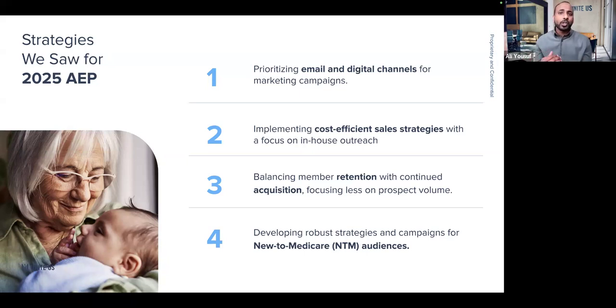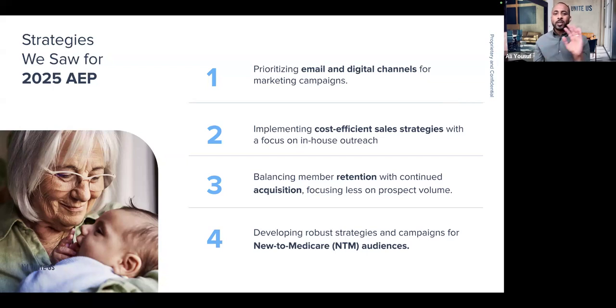And then in terms of budgets, we did see more customers going with cost-efficient sales strategies this year, with more reliance on in-house outreach. So plans might be more tactical about how they're deploying and targeting. Third, we are seeing more of a focus on retention campaigns and also ensuring that plans are growing in a way that's sustainable.